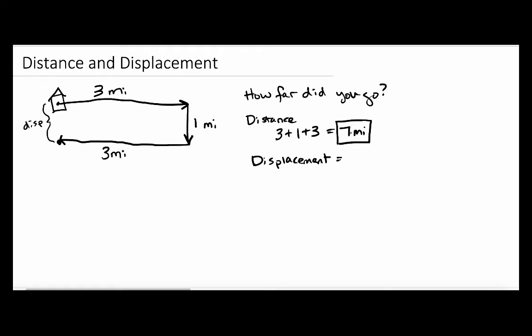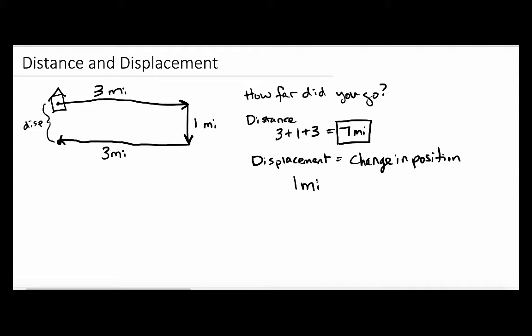So displacement doesn't actually look at the entire trip. Displacement is going to be the change in position. And if my position started here, I'm actually only a mile from where I started. So my displacement is 1 mile.